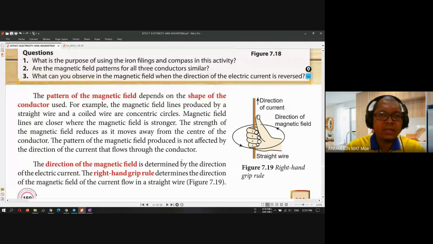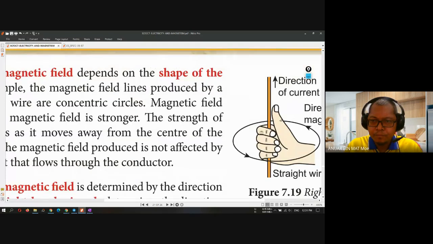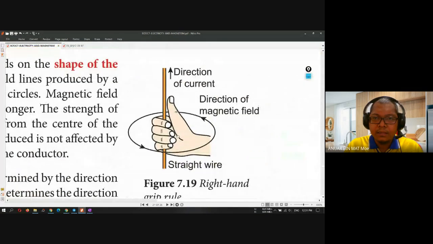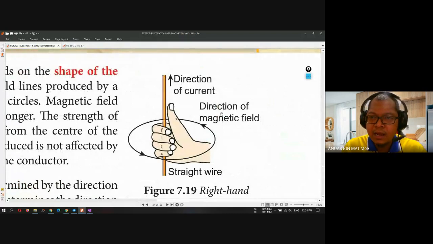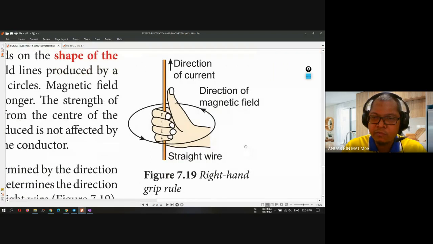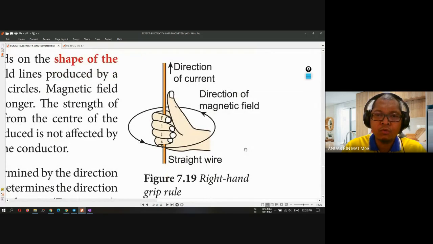So what is the pattern of the magnetic field? It depends on the shape of the conductor used. For example, you must remember this. The direction of the current is up, so the direction of the magnetic field will be around the copper wire. This is what we call the right hand grip rule. This is how you draw the magnetic field line in an electromagnet, depending on the direction of the current.